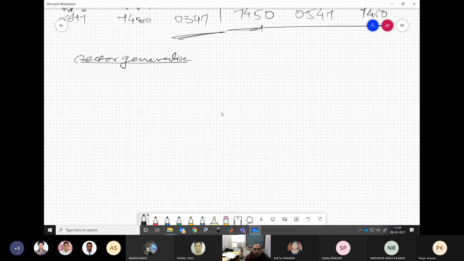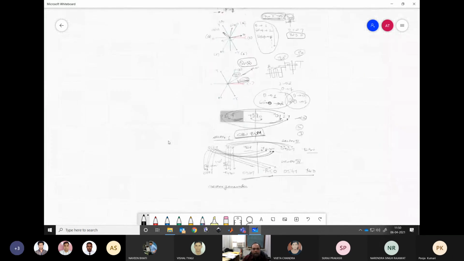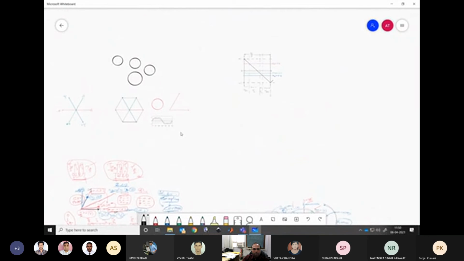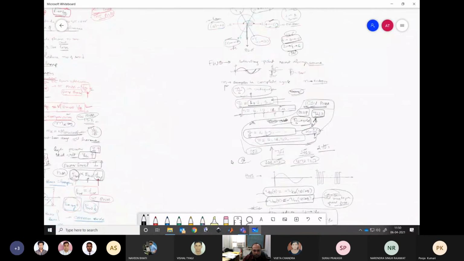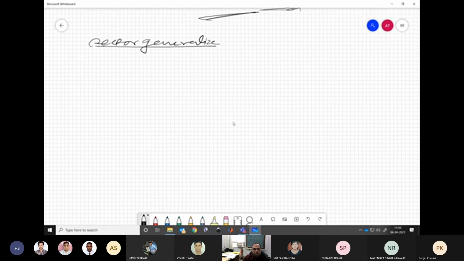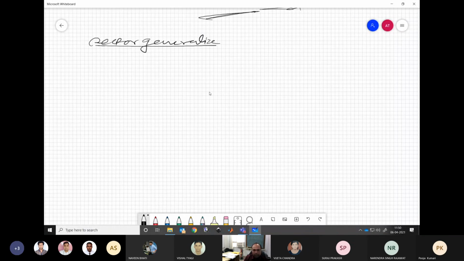Instead of having all these active vectors, we can have a generalization for that. For example, we can take any sector because all are symmetric. We must ensure symmetry. So we can take any sector, let's say sector 1, without losing any generality.